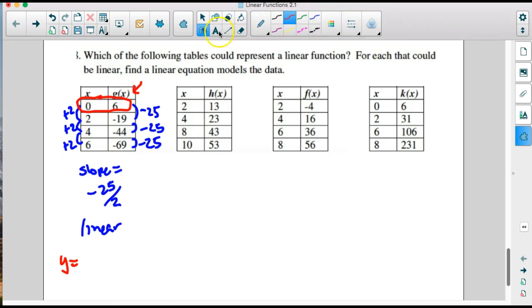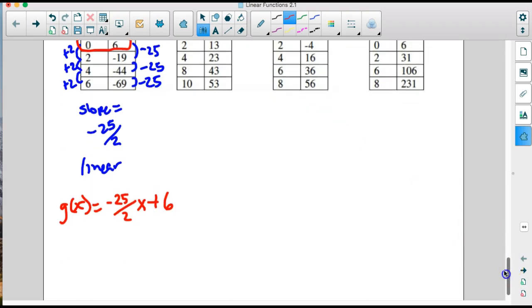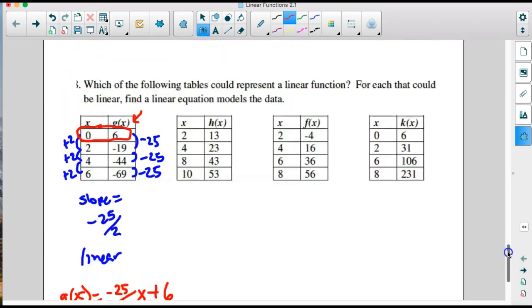So that's not y equals, that's going to be g of x equals negative 25 over 2 x plus 6. And we can reduce that to negative 12.5 if you want to divide and write it that way. That's also correct.